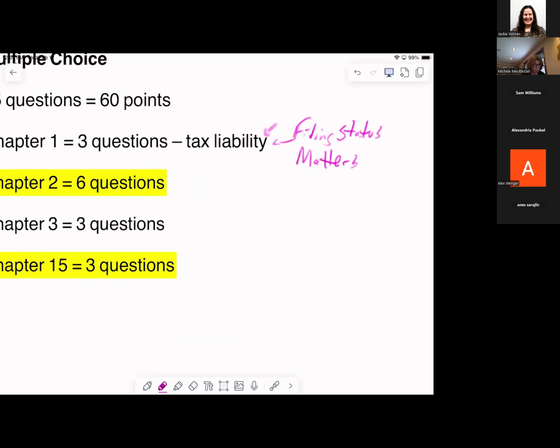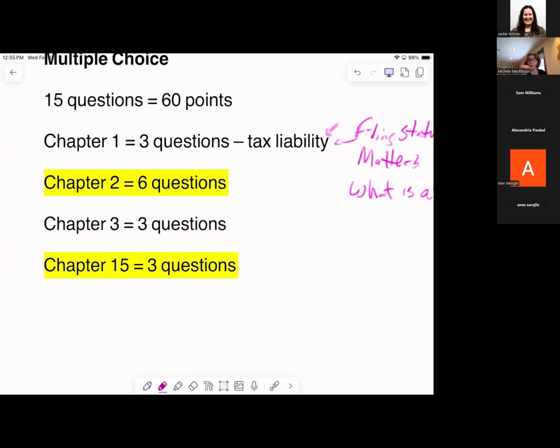So when you're going into the tax rate schedule, make sure you pay attention to filing status. Also in chapter 1 was what is a tax versus what is a fee. So don't forget about those things.